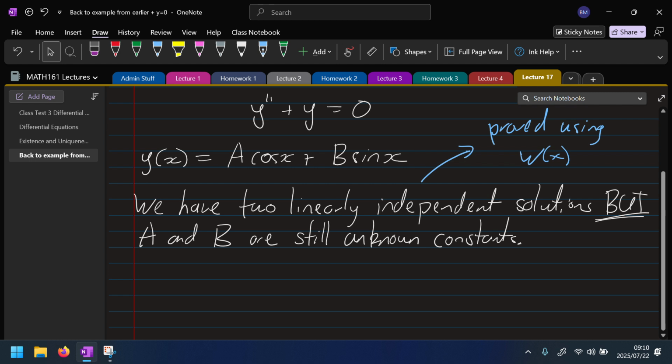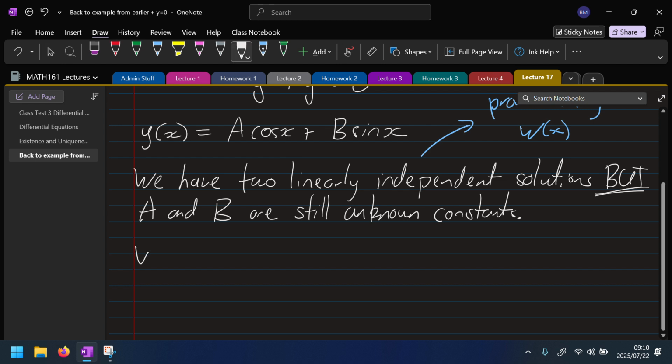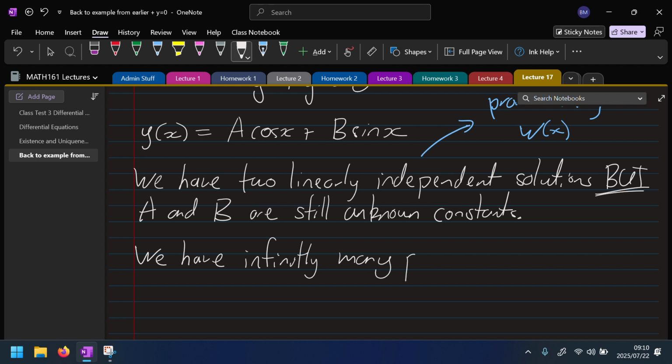Okay, and if they are unknown constants, they can be anything. So A and B are just some real numbers. So A can be 2, B can be 3. We have a solution. A can be 1, B can be 1. That's also a solution. So for any possibilities of A and B, we get ourselves another solution. So we have infinitely many possibilities for A and B. Right?